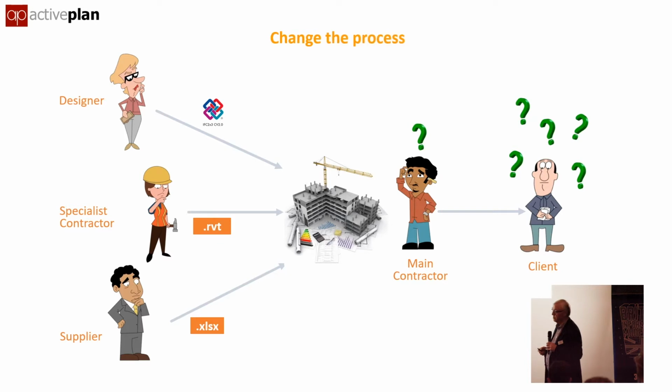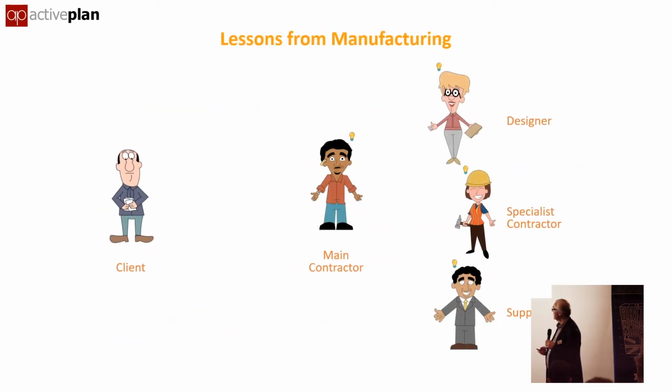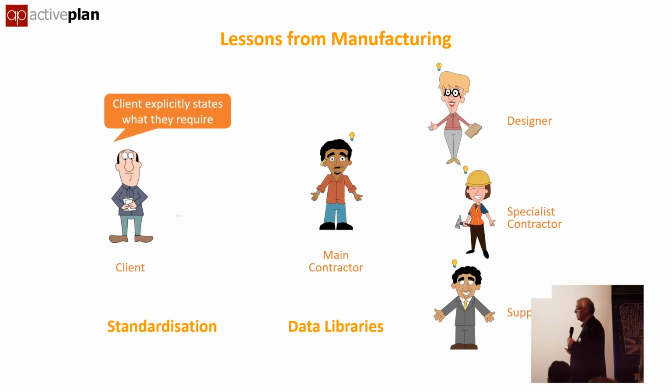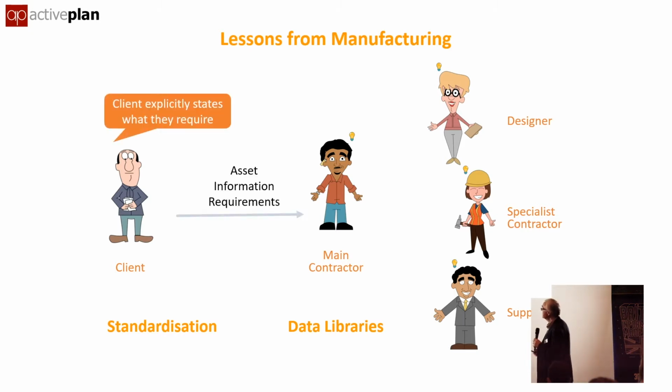So the process that we're following is to reverse the trend, so the client takes control of the process at the very beginning and expressly says what information they want from standard libraries. So it makes it a lot easier for the supply chain to satisfy those requirements.